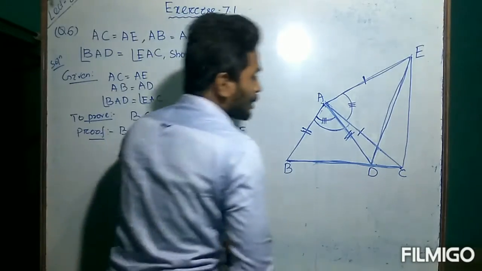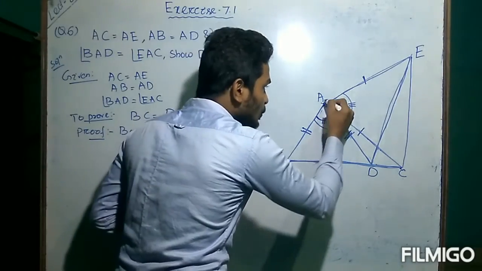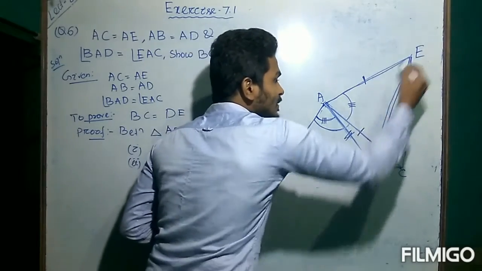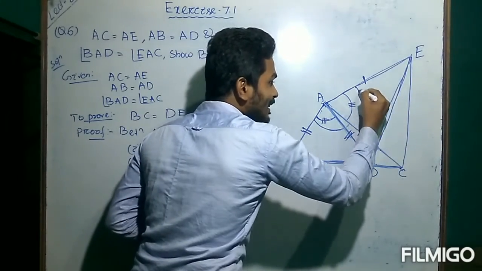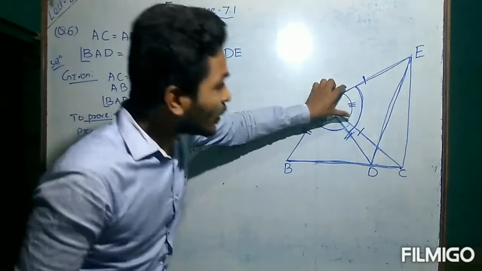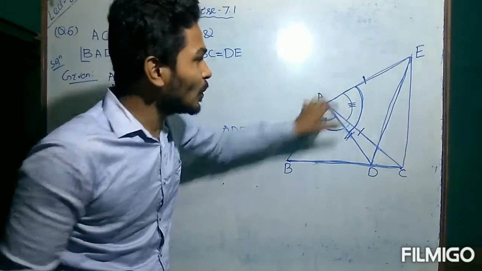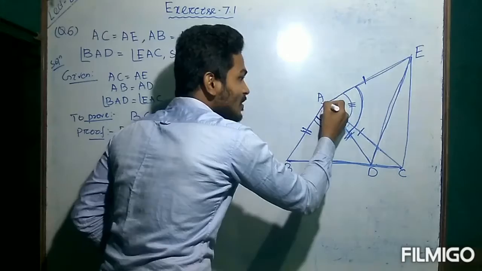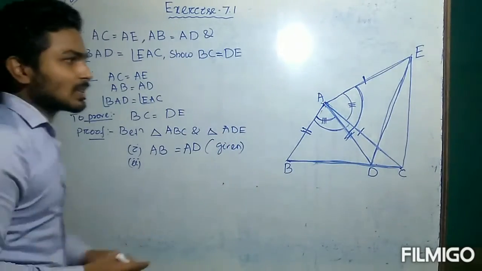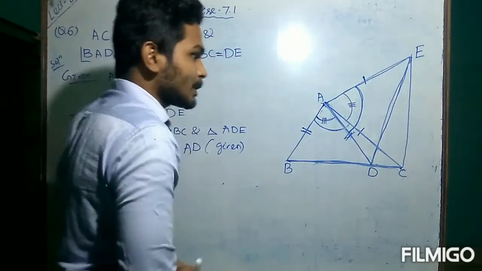Similarly, if we choose triangle ADE, then this total represents angle A. Not only this, because this angle represents triangle ACE, but we have taken triangle ADE.